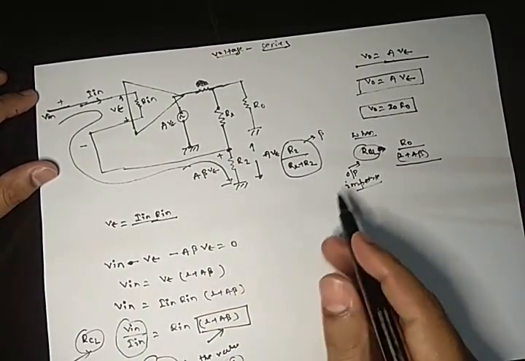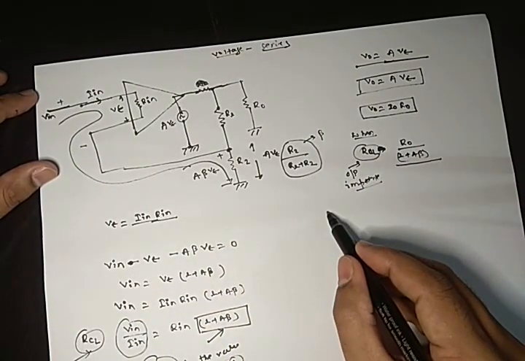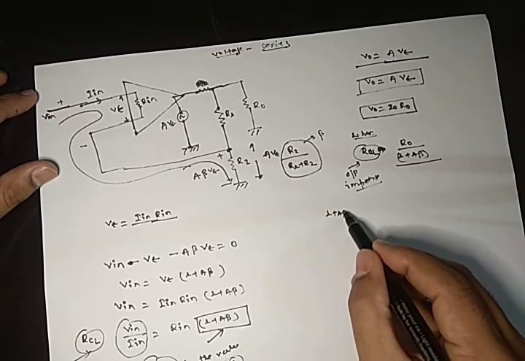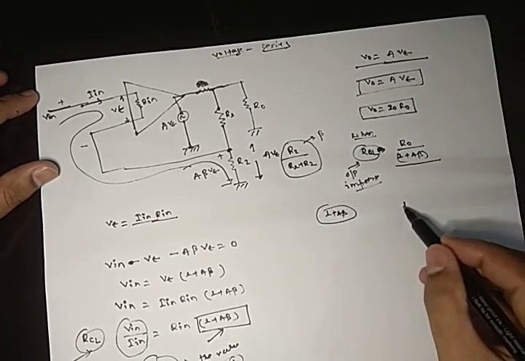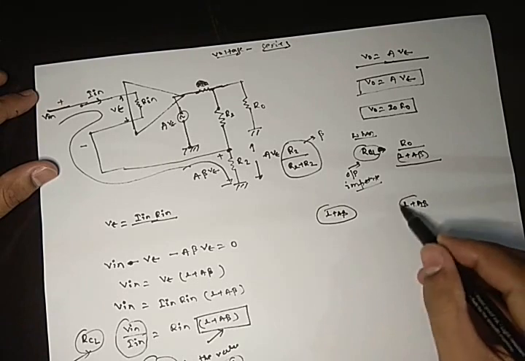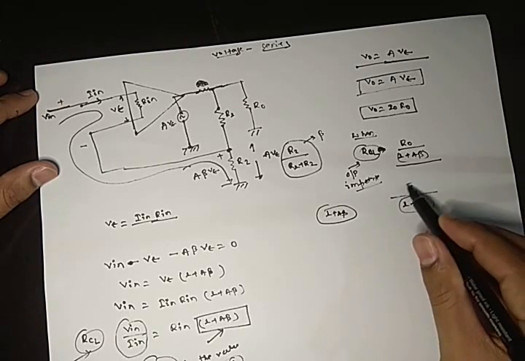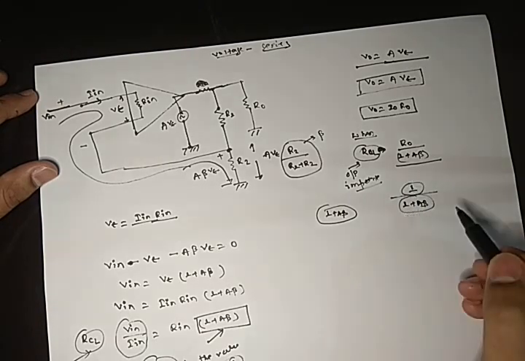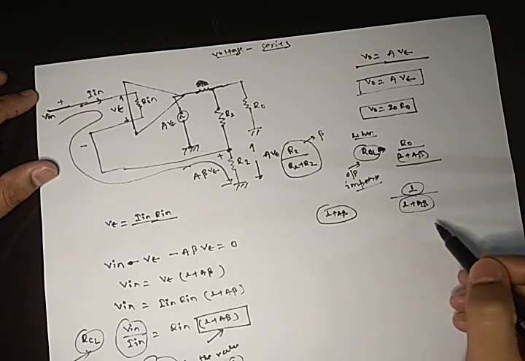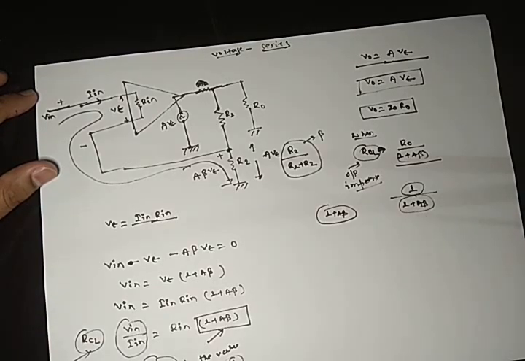We just need to know if it is increasing, it will increase by 1 plus A beta. If it is decreasing, it must decrease by 1 plus A beta. So we need to get one idea how to decrease or increase, how it is being done.